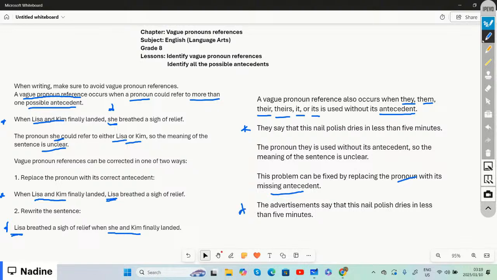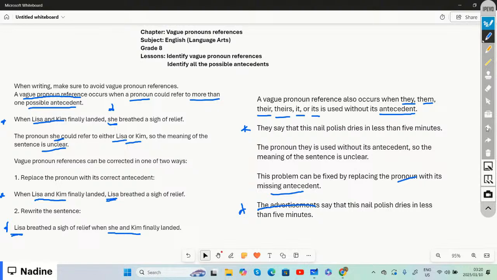For example, if we correct it, then we can say that the advertisers say that this nail polish dries in less than 5 minutes.